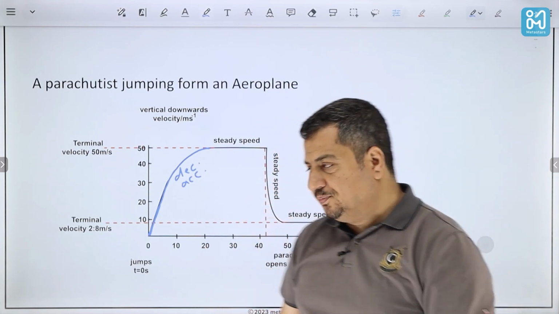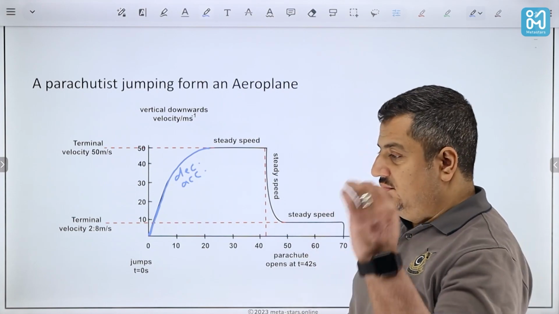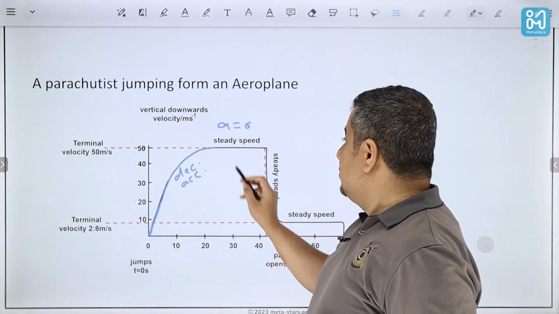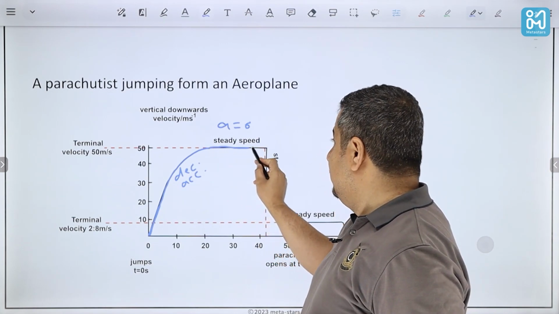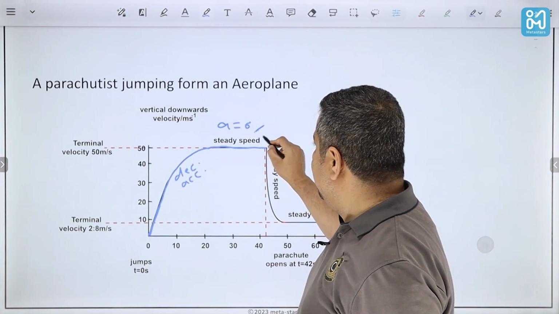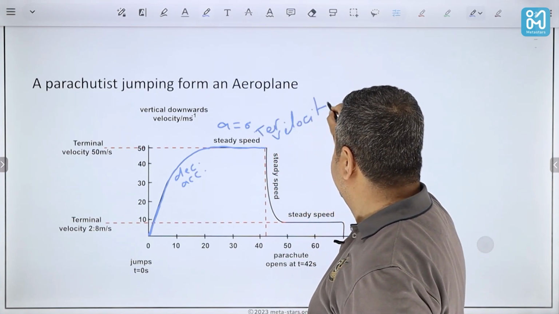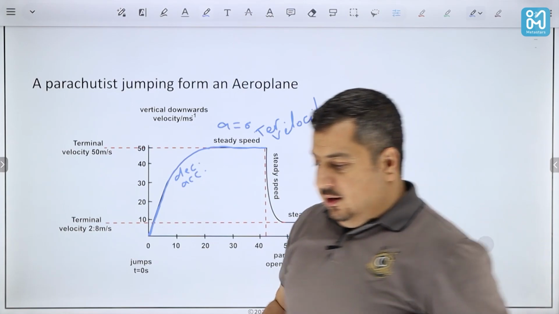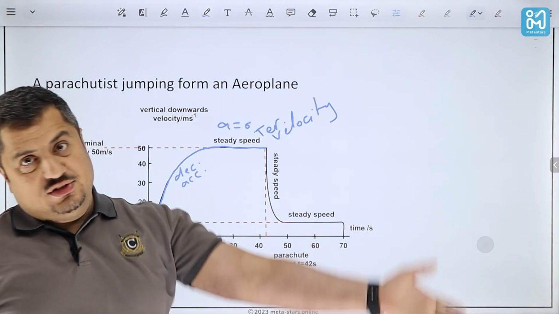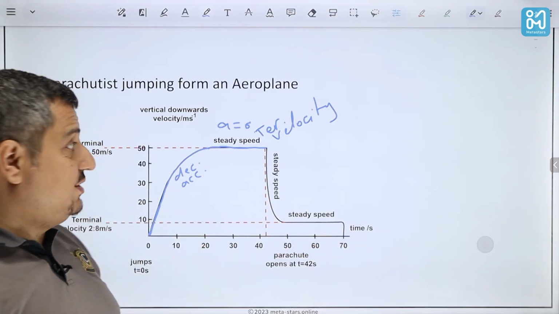The curve is down. Now, this decrease in acceleration will reach a point where the acceleration is 0, and so the speed will stay constant. We call this terminal velocity. Then the object will open the parachute, so the air resistance will increase, and we have a deceleration case here.